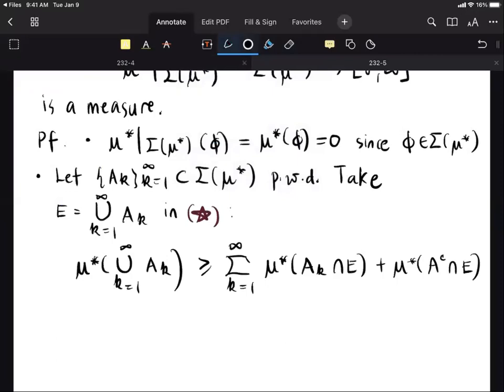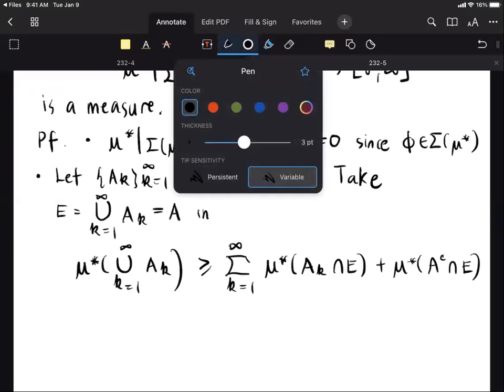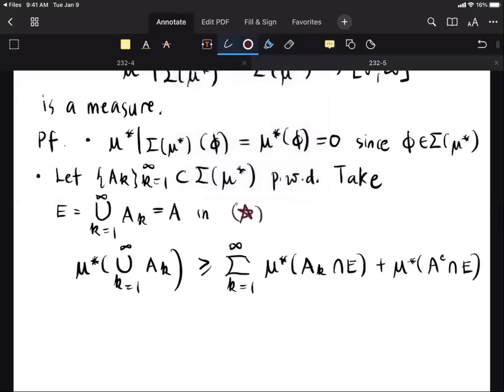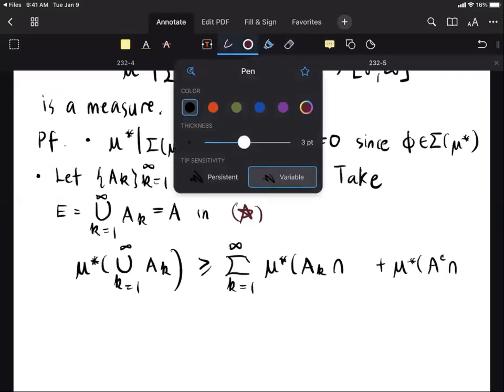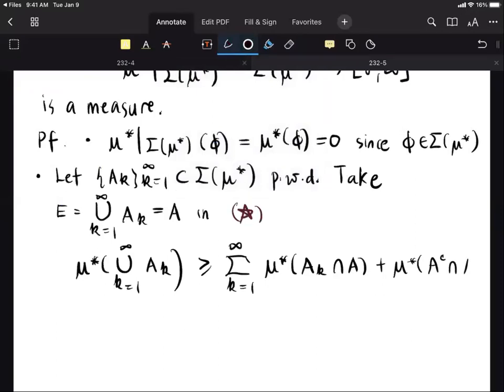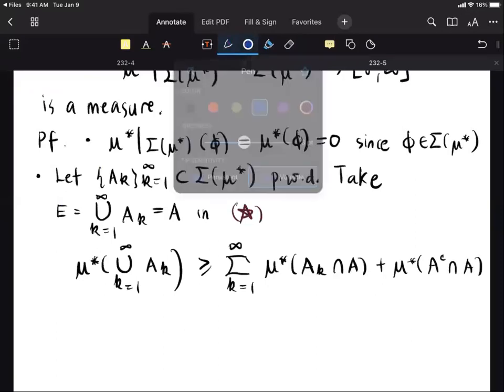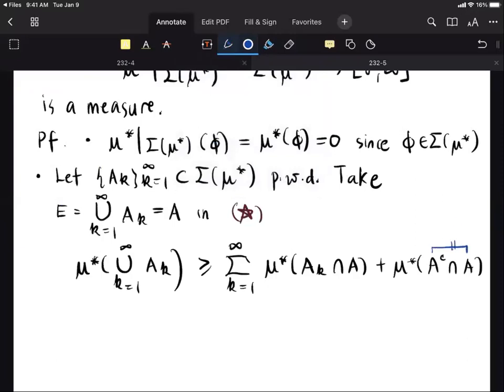Of course, according to our previous construction, the union of A sub k is equal to A. So E in this case is equal to A. Let us replace that one by A. With this, you can see that the second term is 0 because the set is empty.